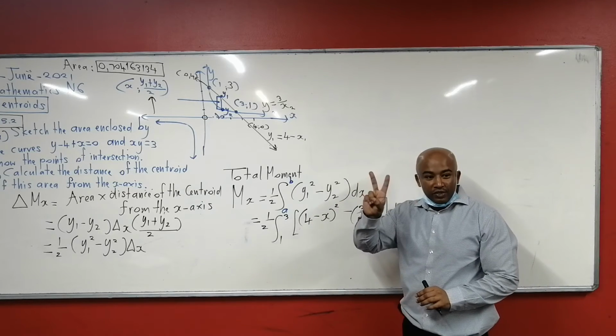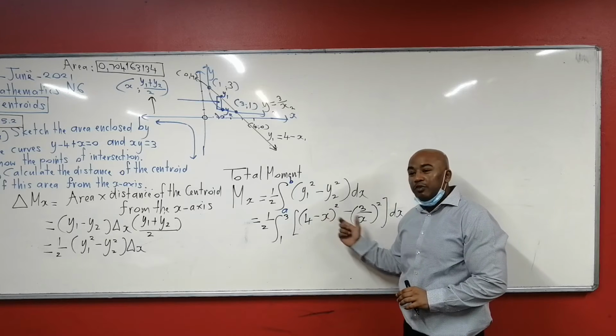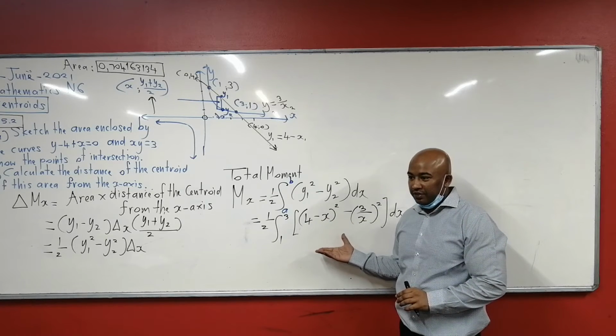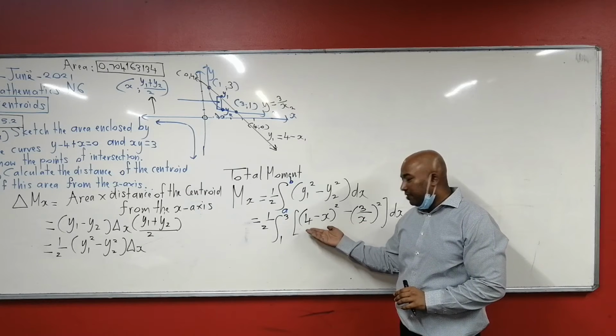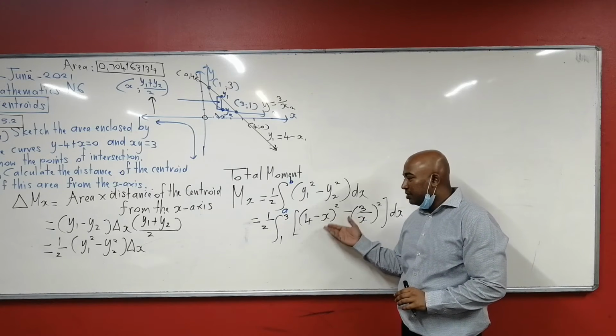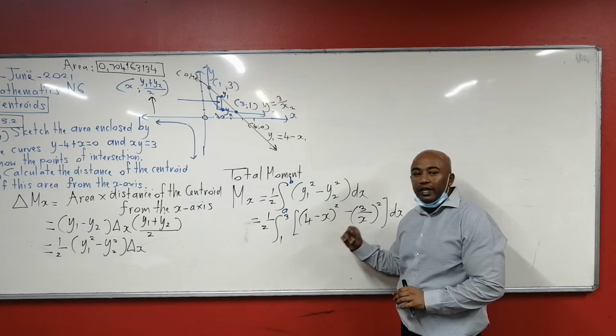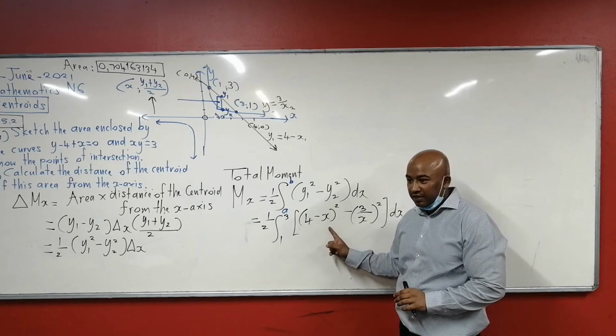There are 2 ways to deal with this. You could remove the brackets if you were in N4. Right, so you can remove the brackets. But from N5 and now in N6, you know that you do not have to remove the bracket here. You can use integration by inspection.